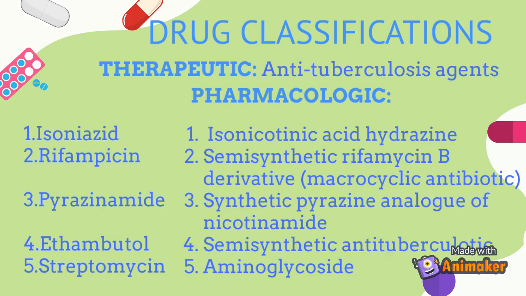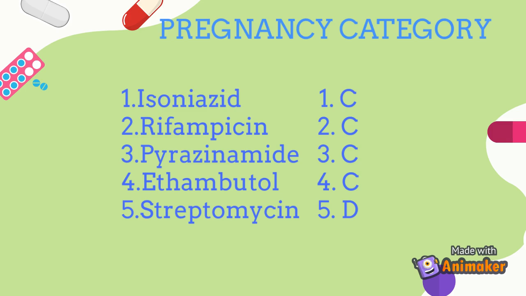Ethambutol is a semisynthetic anti-tuberculotic, and lastly, streptomycin is an aminoglycoside. In pregnancy category, isoniazid along with rifampicin, pyrazinamide, and ethambutol are all in pregnancy category C, while on the other hand, streptomycin is in pregnancy category D.